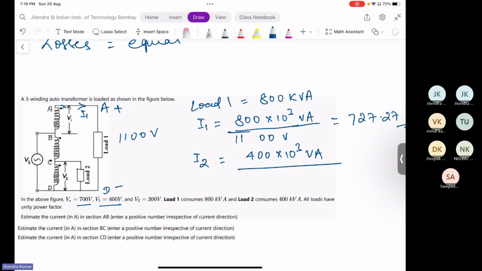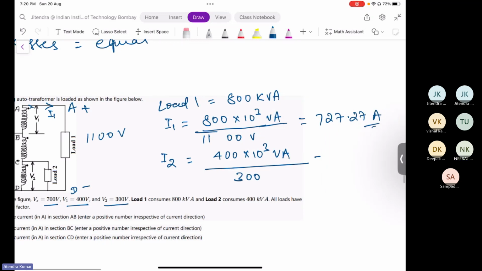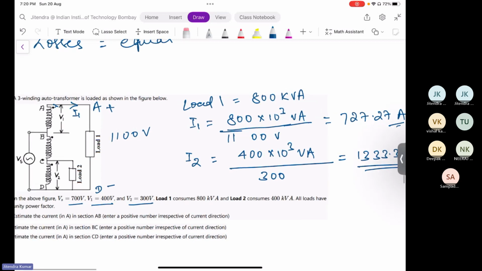So 400 kVA divided by V2, and V2 is given as 300 volts, so it will come out to be 1333.33 amps. So we have computed I1 and I2.